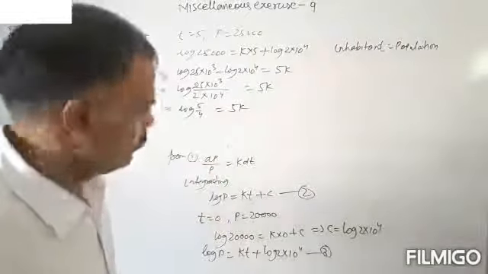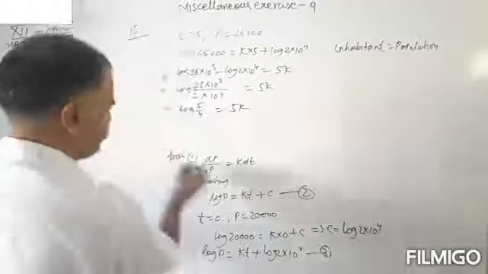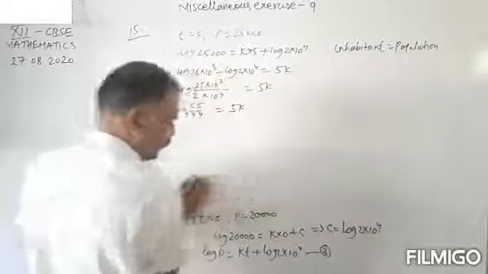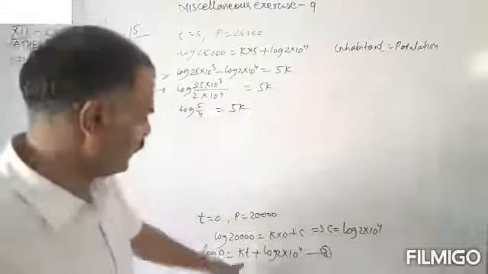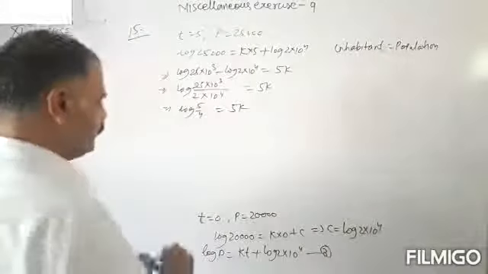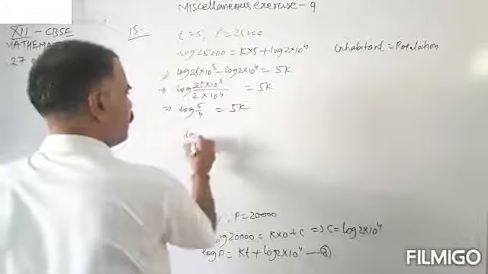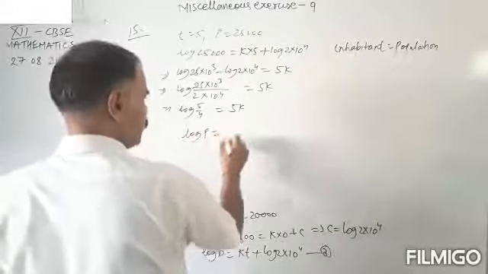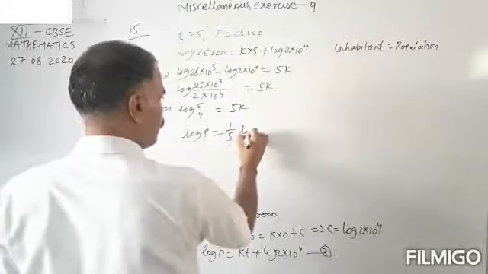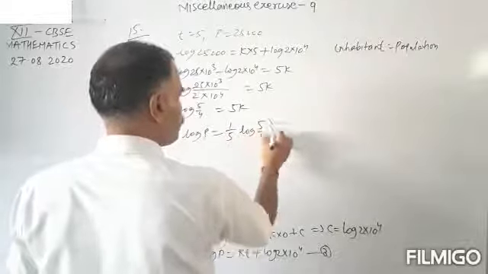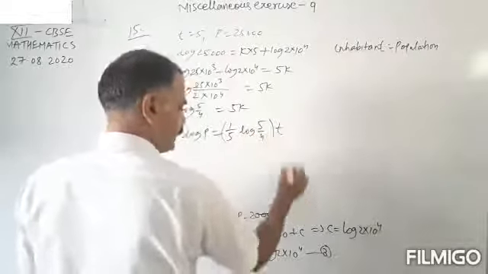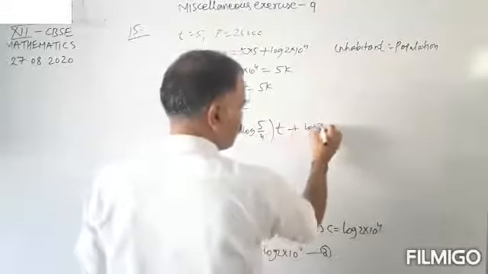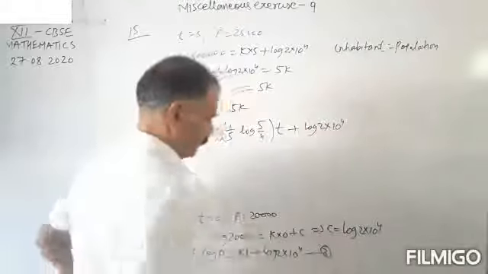Putting the value of 5k in equation number 3, we have log p equals 1 upon 5 log 5 upon 4 into t plus log 2 into 10 to the power 4.